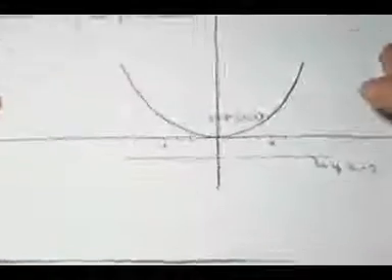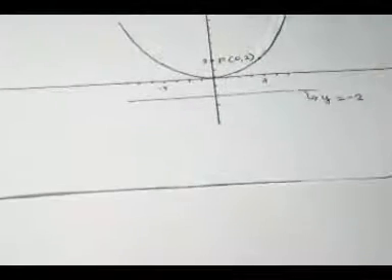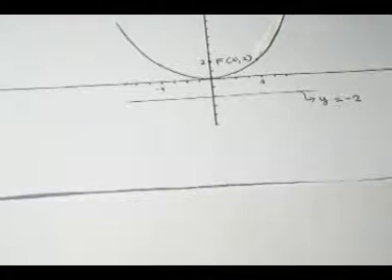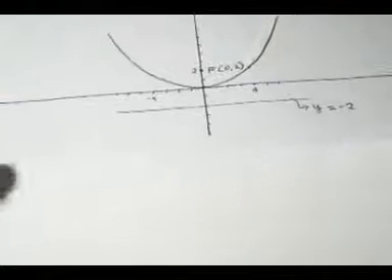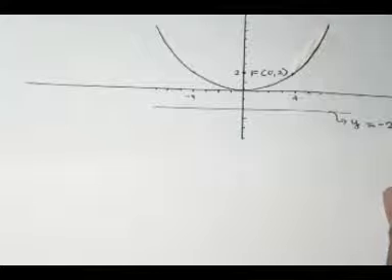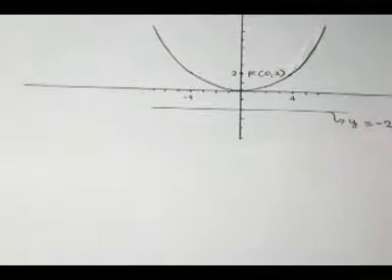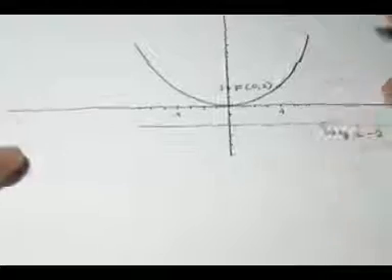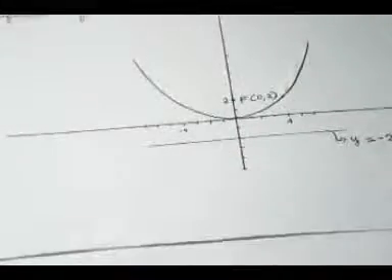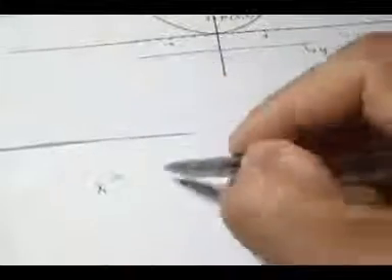Next problem. What is the standard equation of the parabola? Now, given the graph of the parabola, determine the standard equation. Okay, this belongs to type 1. It opens upward with vertex at the origin, so its equation is x squared equals 4cy.